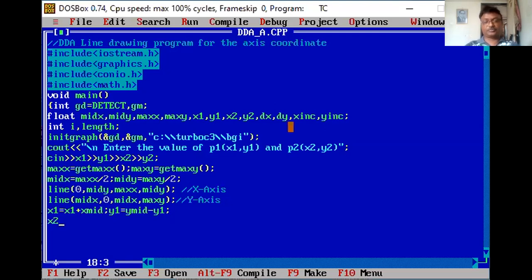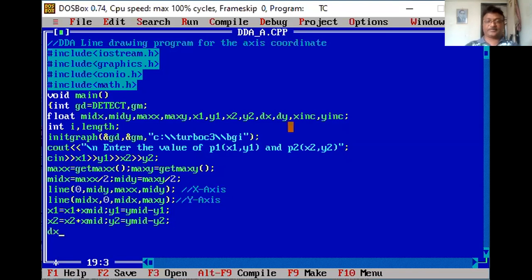Again, x2 is equal to x2 plus midx, okay, y2 is equal to midy minus y2. So whenever it is the y value, you have to subtract it from midy. Whenever it is the x value, you have to add midx. Now from this I am ready to draw the line. So shift this point in your dx, dy.